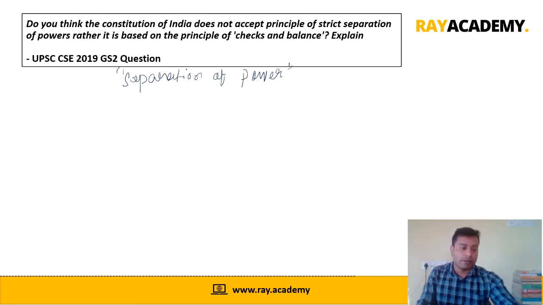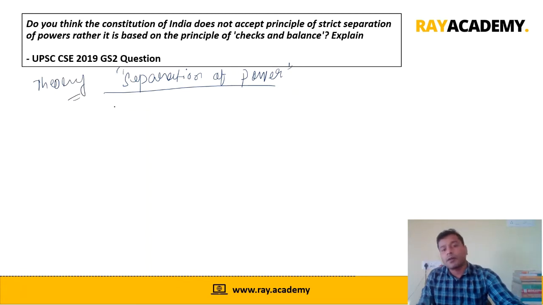Now the separation of power. This separation of power is also known as the theory of separation of power. The concept comes from the theory of separation of power. Now, what is the concept? First of all, we have to understand where this concept comes from.